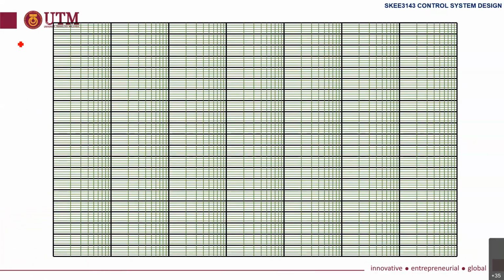Okay, let's plot for magnitude. So I will do the magnitude here. This is the axis for magnitude in dB. This is omega in radian per second.